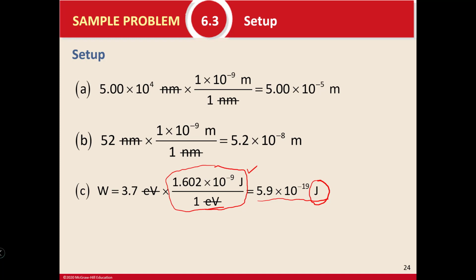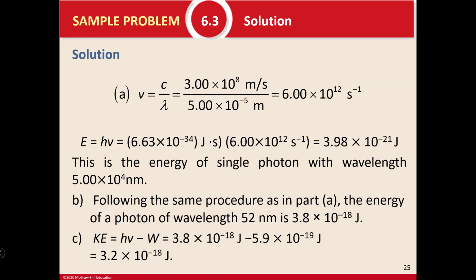So the first 2 up here just showing conversion of nanometers to meters. That should be old hat at this point. And the reason why we have to do that is because the speed of light is 3.00 times 10 to the 8th meters per second. So your wavelength has to be in meters so that those units will cancel out or become unity.